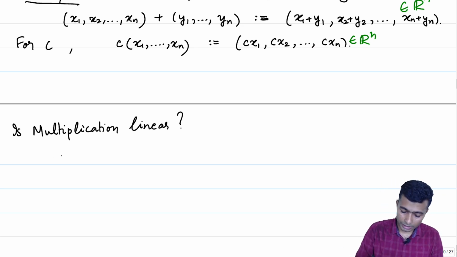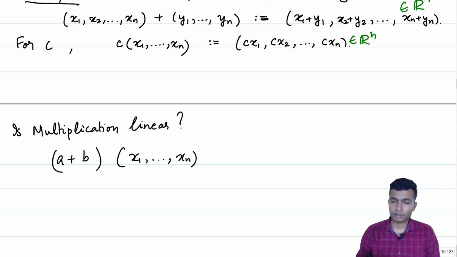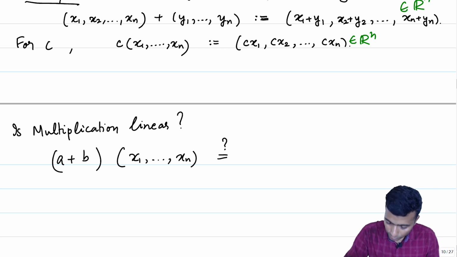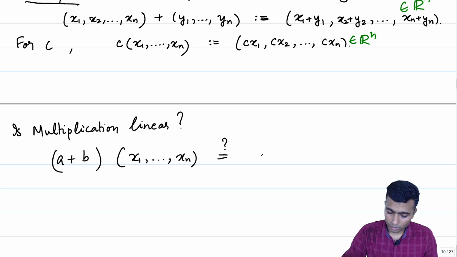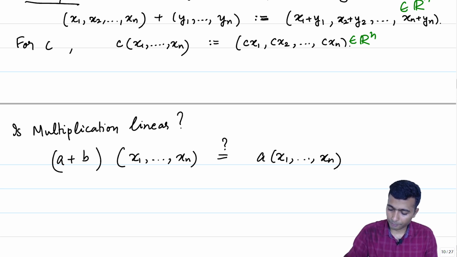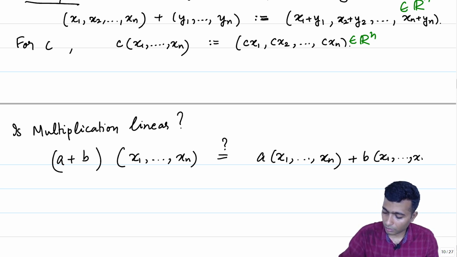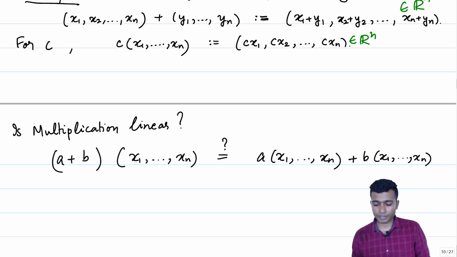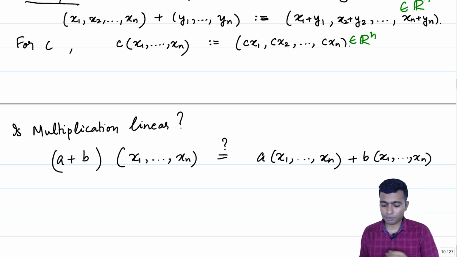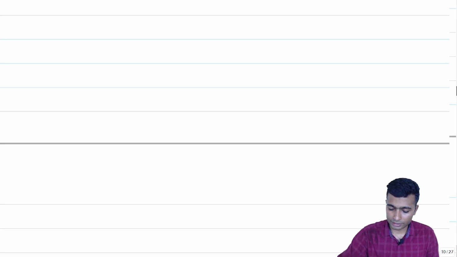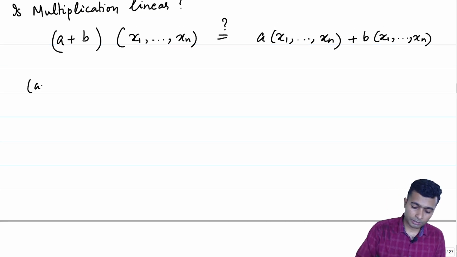We have to check that a plus b times x1 up to xn, is this equal to a times x1 to xn plus b times x1 to xn, right. This is exactly what we would like to check. Okay. But what is a plus b times x1 to xn? So, let us start with the left hand side.